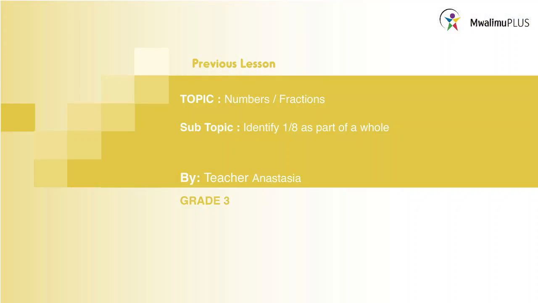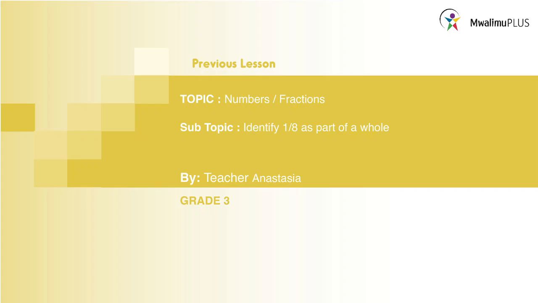Now, we want to review the topic that we learned in our previous lesson. Do you remember what we were learning about? Oh yes, we were learning about numbers which are not whole, which we call fractions. And we learned about identifying an eighth as part of a group.